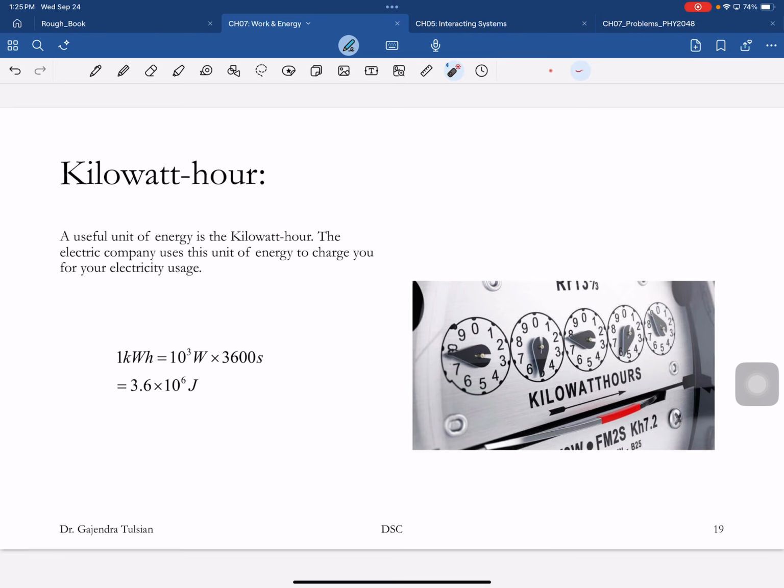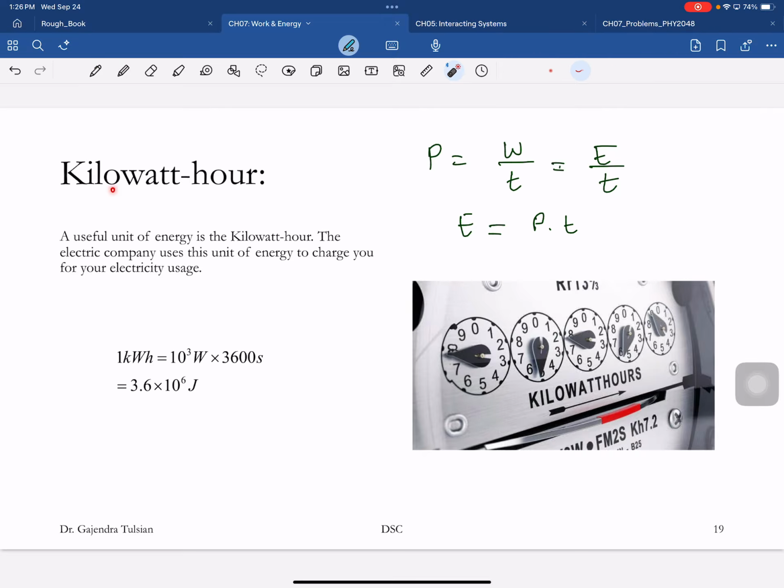A kilowatt hour. Okay. So remember, power was work divided by time, or energy used divided by time. So energy is power times time.